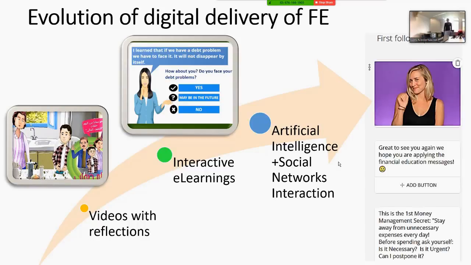And finally, we are delivering the beginning of, let's call it, artificial intelligence and more social network interaction with software that can interact with the client. Depending on what the client says, the software gives additional answers and provides additional information. We will see examples of these three lines of work that have been developed in financial education.